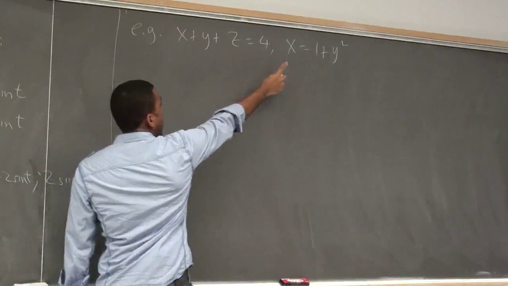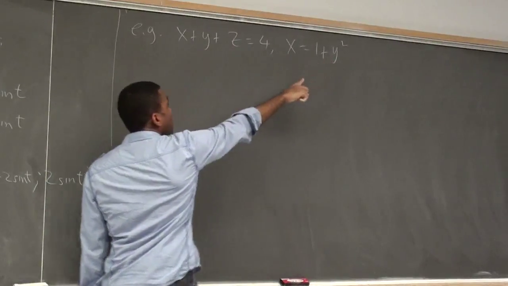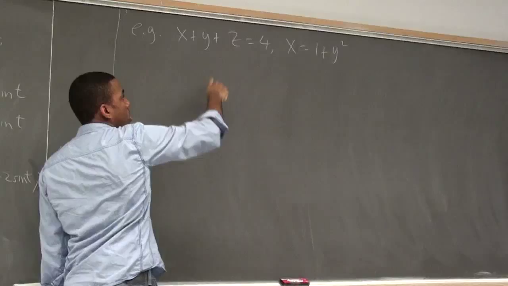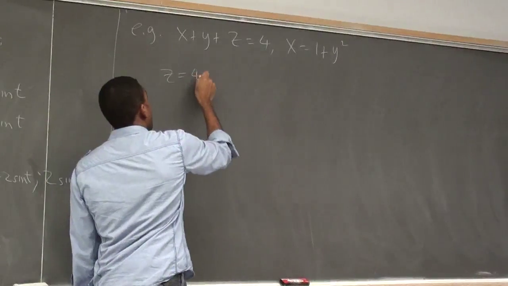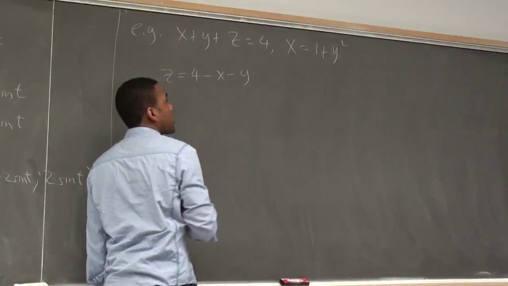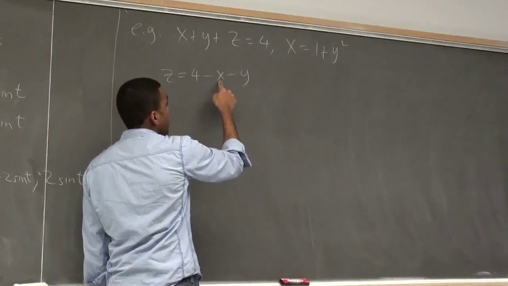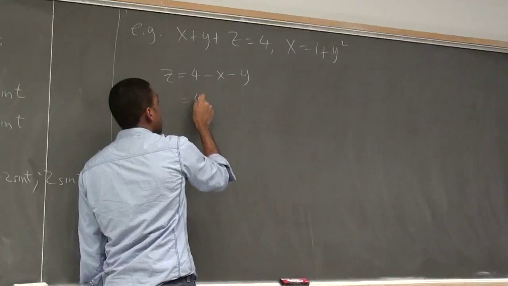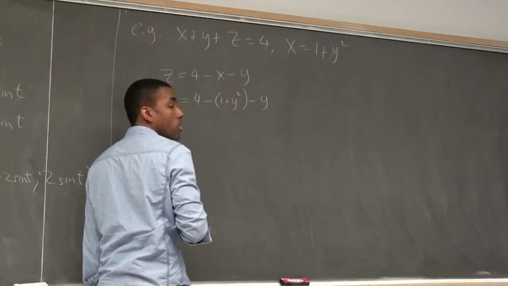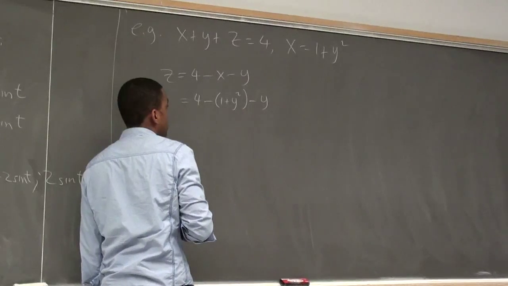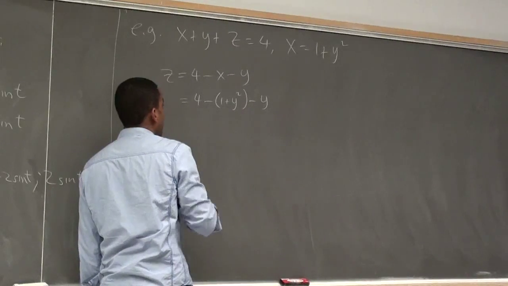Here, I know what x is in terms of y. So how about I get z in terms of y as well? z would be 4 minus x minus y, but I know that x is this. So it would be 4 minus (1 plus y squared) minus y.